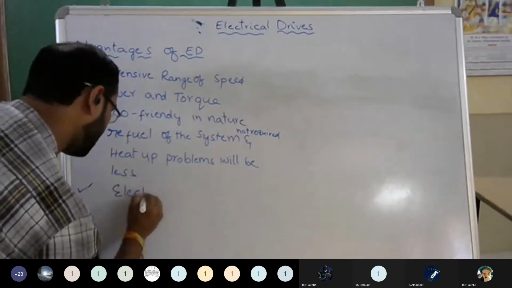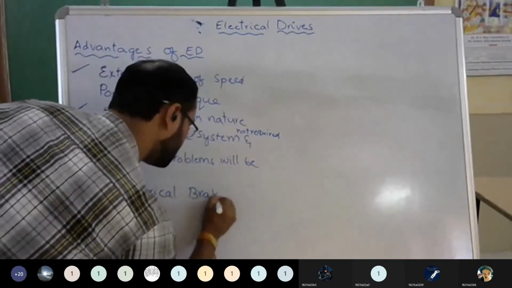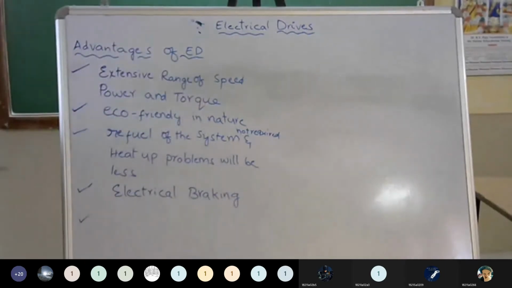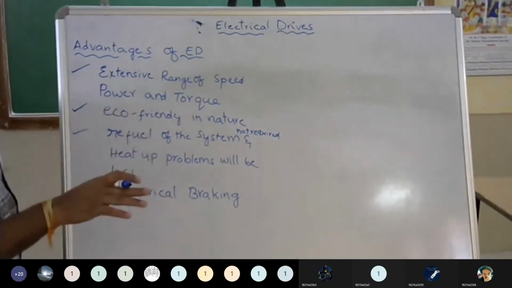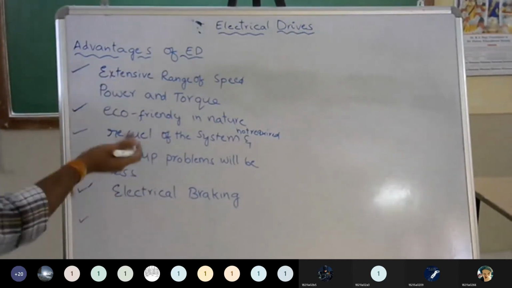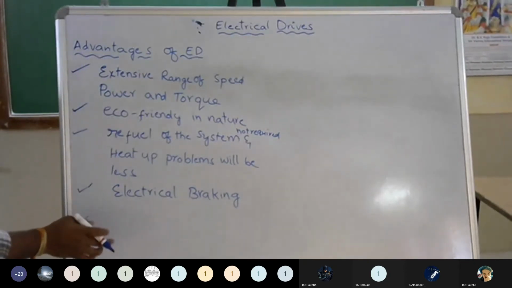Electrical braking. Generally, if you use mechanical braking, there is a loss of power, and it will produce heating. But electrical braking is very easy. Suppose you want to stop the drive, you just stop the power supply and the drive will stop. There are different types of braking methods that we will go through later, and at that time we'll discuss electrical braking in more detail.